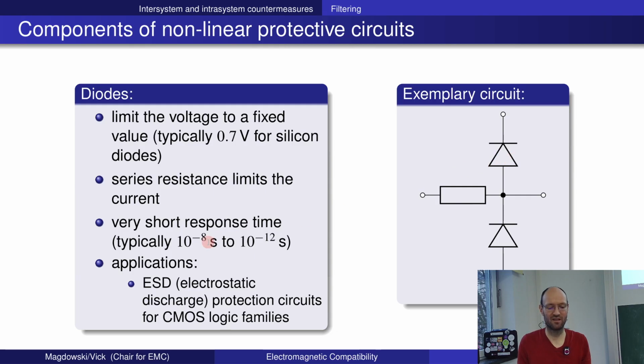But their response time is very short because they are so small. They have some internal resistance that somehow limits the current, and they fix the voltage to a typical value like 0.7 volts for silicon diodes, and for germanium diodes it's a little less. And because you can put them directly on a chip, they are often used for electrostatic discharge protection directly on a chip.